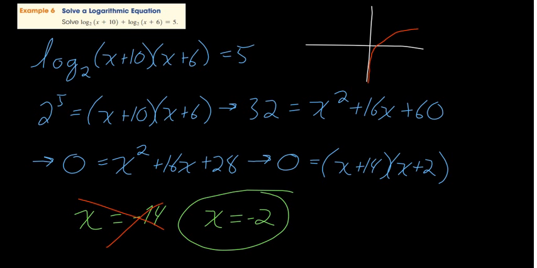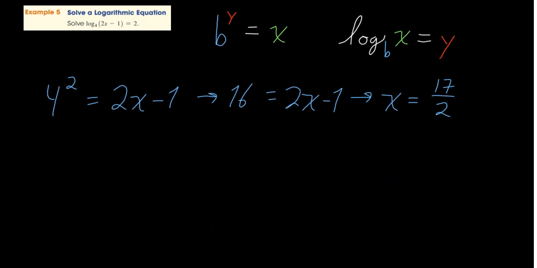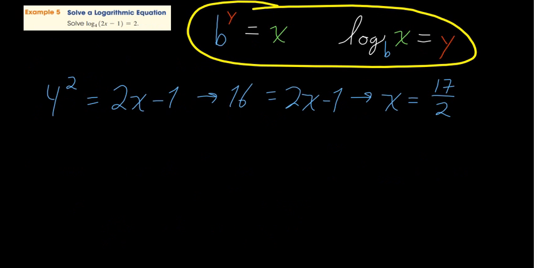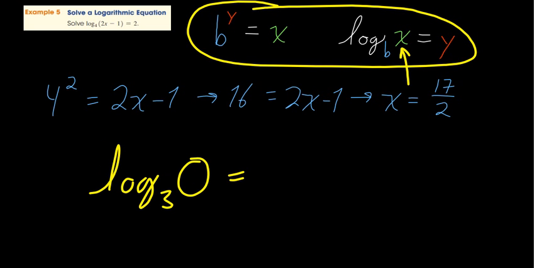Make sense? And to expand more on that, let's look at this up here. The reason why this number must be greater than 0: let's just play with the fact that maybe it is 0. Log base 3 of 0 is equal to some y.